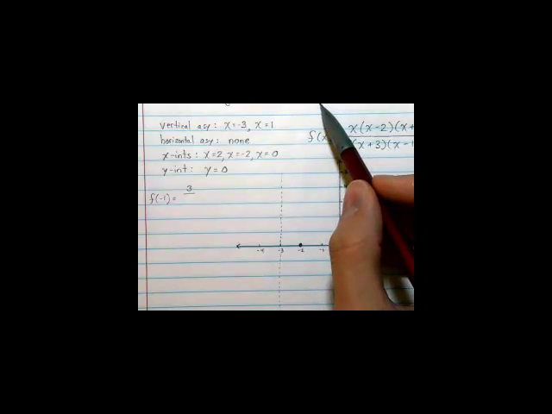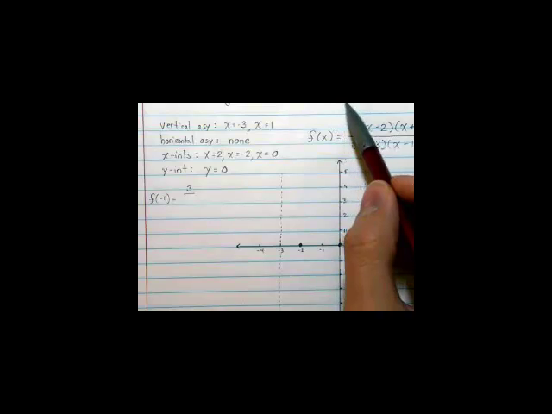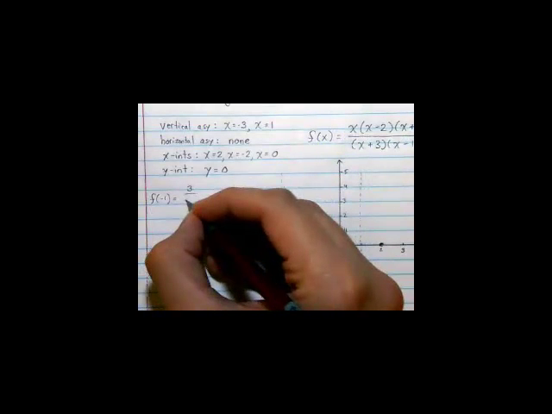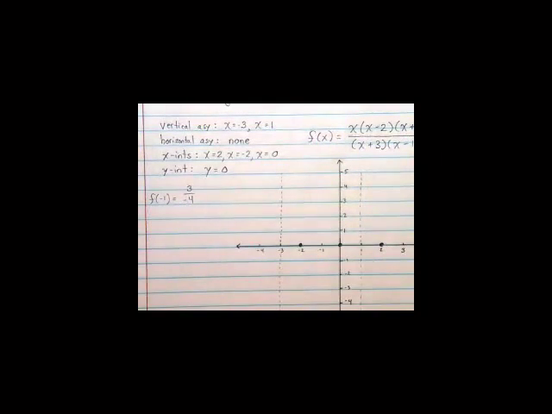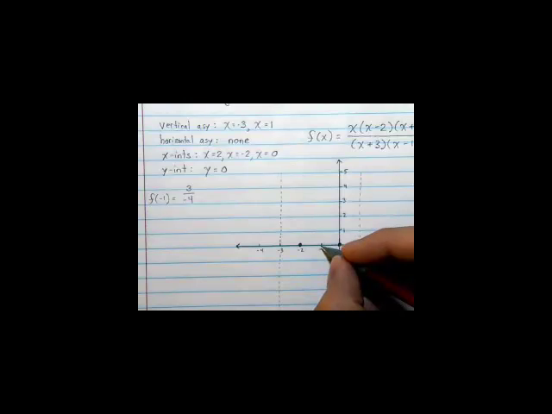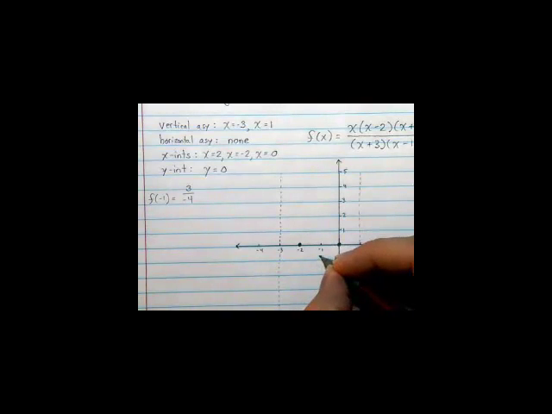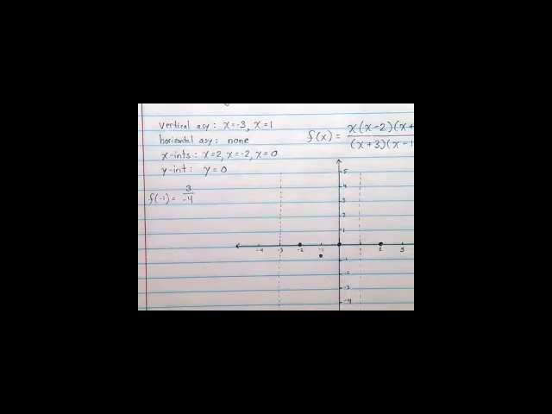So 1 minus 2 is -1, minus 3 is -4. So I get 3 over -4. So that tells me that this point is going to be about -3/4. So somewhere like there.